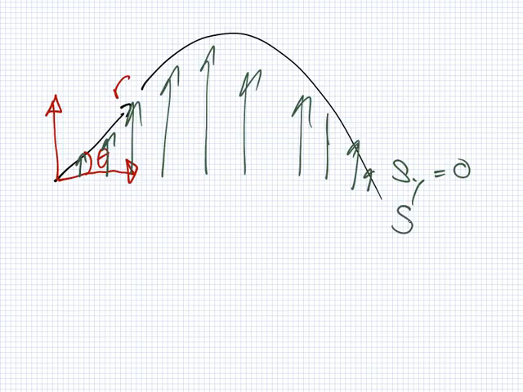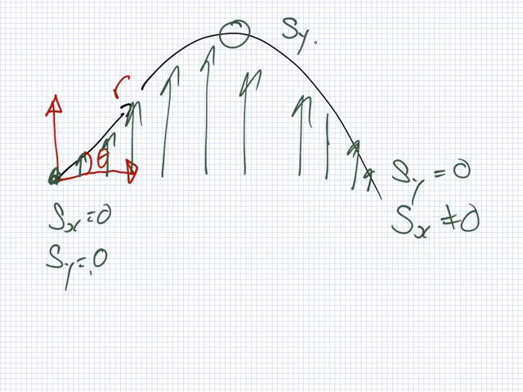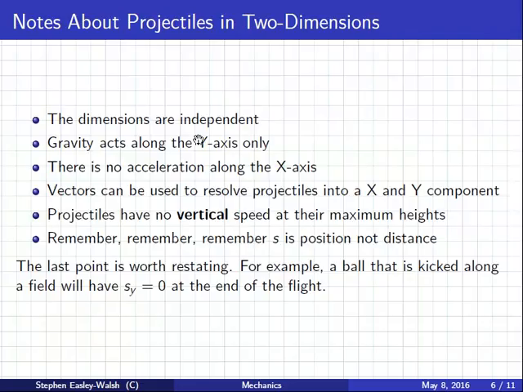Is the SX 0? No, definitely not. What about at the beginning? The SX is 0 and the SY is 0. And here in the middle, this is when SY is the biggest, so SY maximum, and the SX will be this much. This will become clearer when I do an example, don't worry.